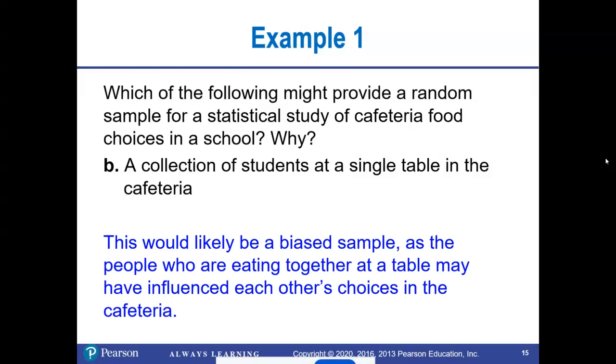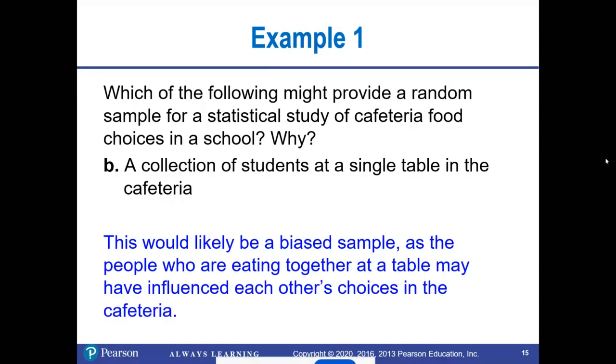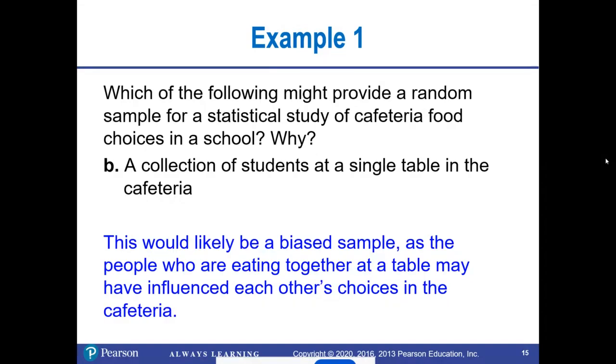More than likely, this would still be a biased sample, because the people who are eating together at a table might have influenced each other's choices in the cafeteria. So you don't know the seating situation. It could be that those people are all friends and maybe they talked each other into getting the same thing. So that would more than likely be a biased sample.